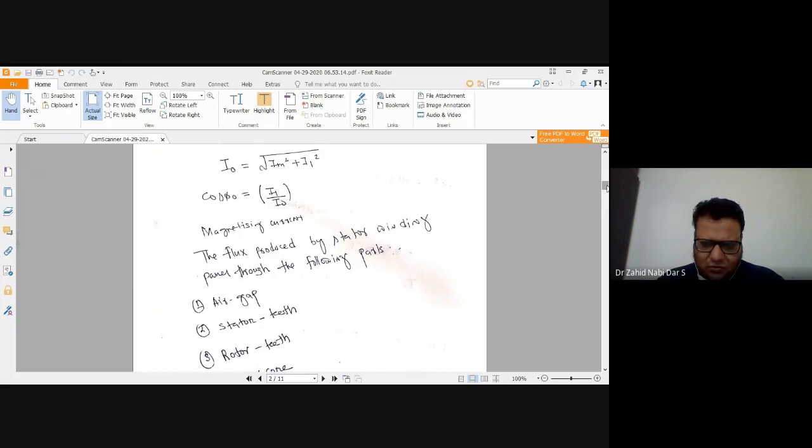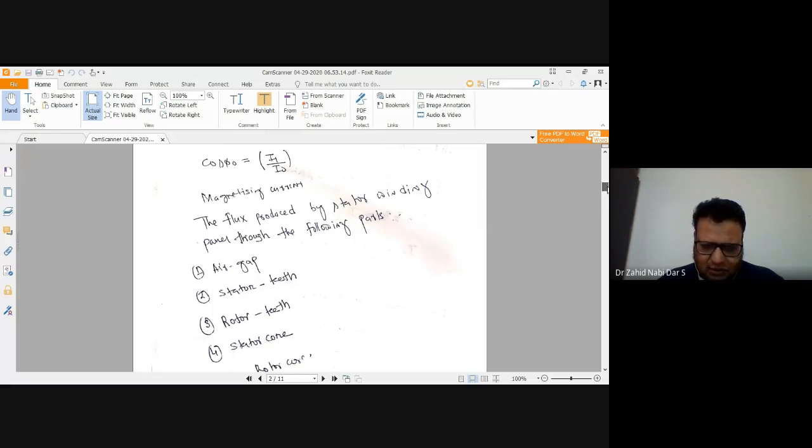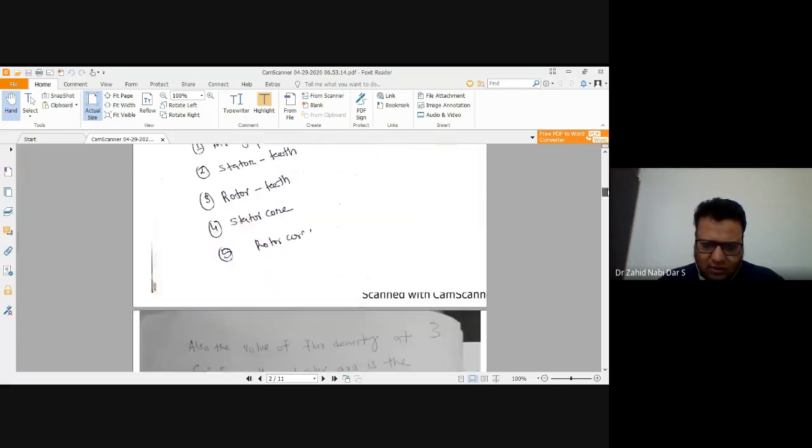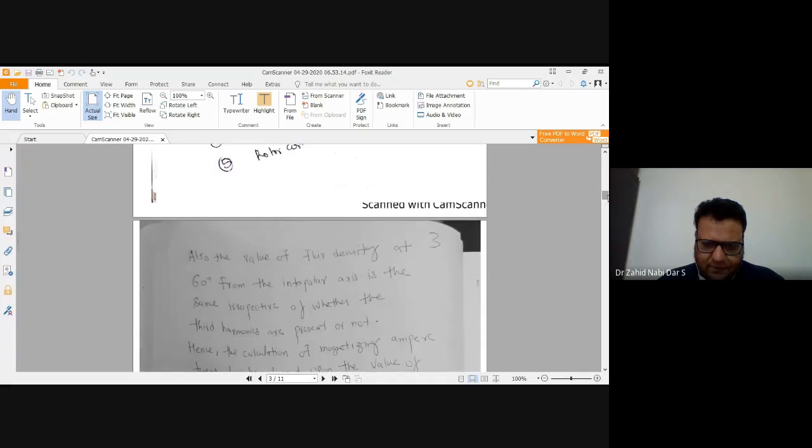So the flux produced by the stator winding passes through the following path. Number one is your air gap, your stator teeth, your rotor teeth, your stator core, and your rotor core. So what we see basically is the interpolar axis which you have studied in your previous classes in electrical motors.